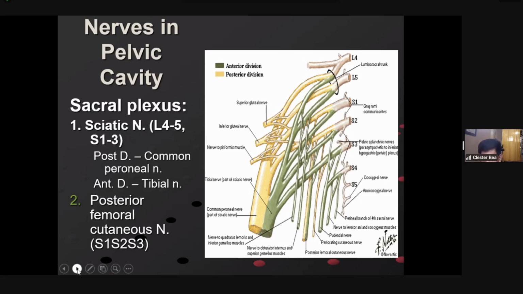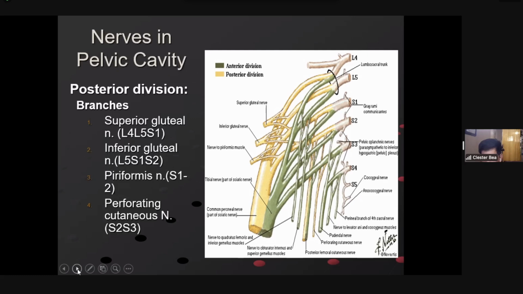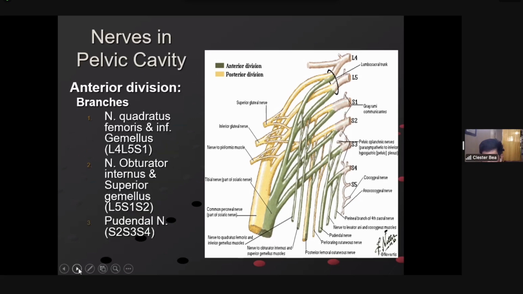Now, the posterior femoral cutaneous nerve is sensory to the skin at the back of the thigh, all the way to the popliteal region. The other branches coming from the posterior division will be your superior and inferior gluteal nerves. The superior has a higher origin, L4 to S1. The inferior is lower, L5 to S2. Then the nerve to the piriformis muscle, and the perforating cutaneous nerve coming from S2 and S3.